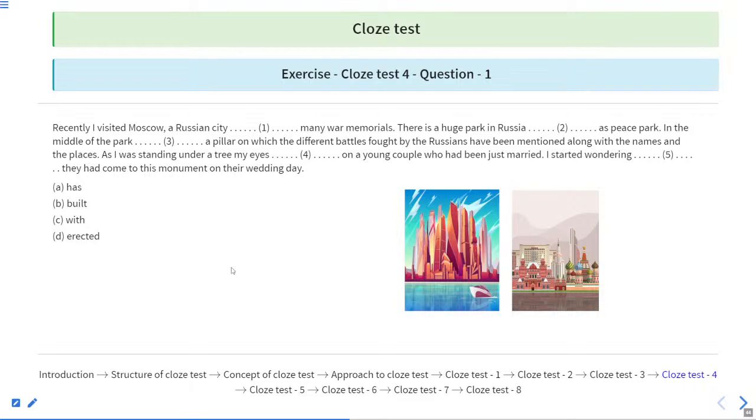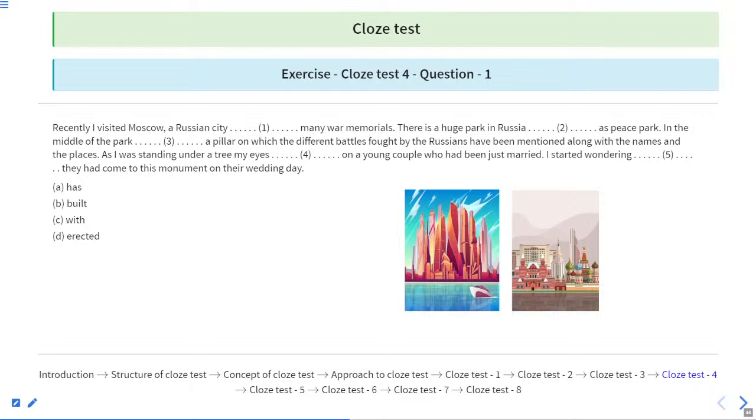Look at the next one. Recently, I visited Moscow, a Russian city dash many war memorials. There is a huge park in Russia dash as Peace Park. In the middle of the park dash a pillar on which the different battles fought by Russians have been mentioned, along with the names and places.